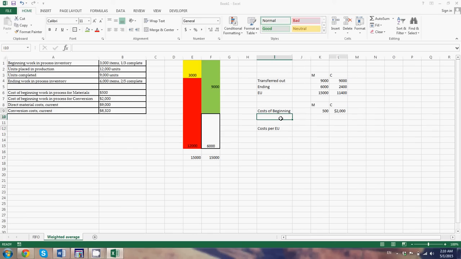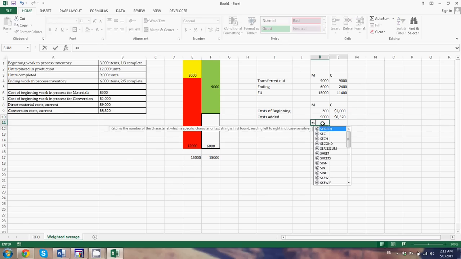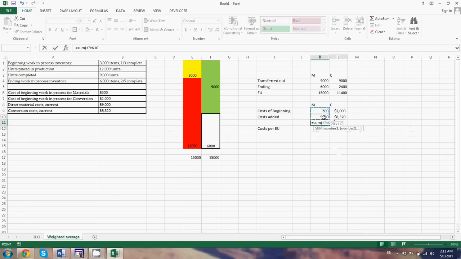Then the cost added during this month, the same thing, 9,000 again and 8,320. If we talk about the total here, we're going to have 9,500, and the same thing for the other one.